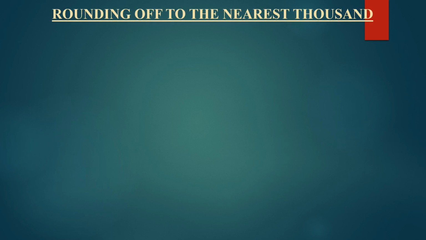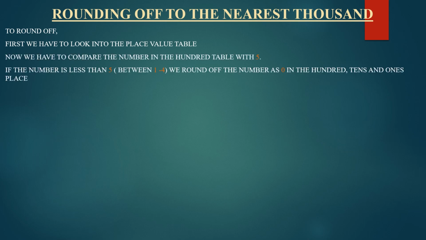Now, we are rounding off to the nearest 1000. The same procedure is repeated. First, we draw the place value table. Then we compare the number. Here, again the column shifts. Earlier it was the tens, in the case of 100 it was the tens place, and in the thousands case it is the hundreds place we are going to compare, since the desired number is in the thousands place.